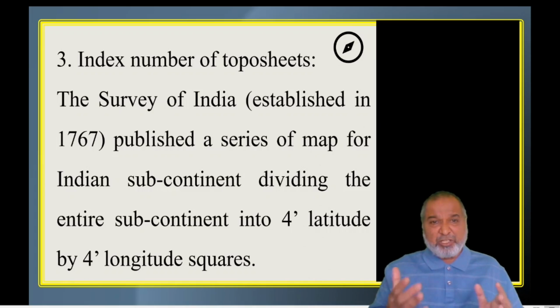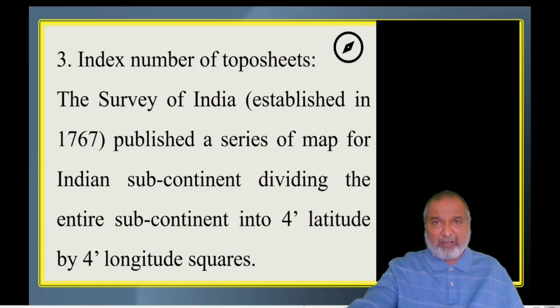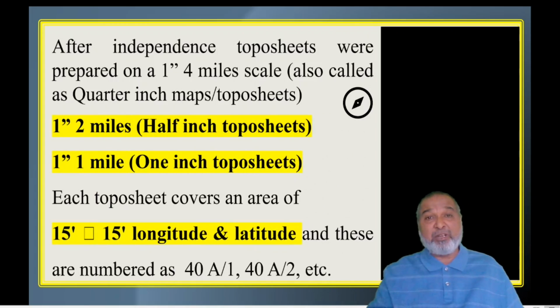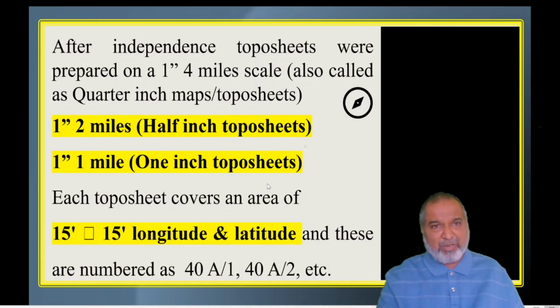Four inch by four inch squares are given, a table has been prepared, maps have been constructed, and they are regularly published. Here we have the quarter-inch map or half-inch map. They are mentioned like this: half-inch map, quarter-inch map, 1-inch map. Whatever maps there are, they are read like that.